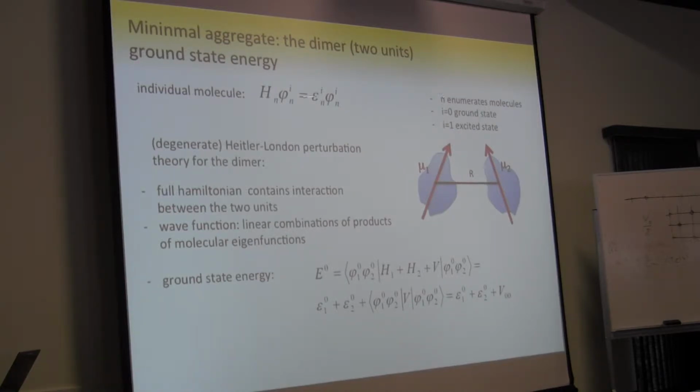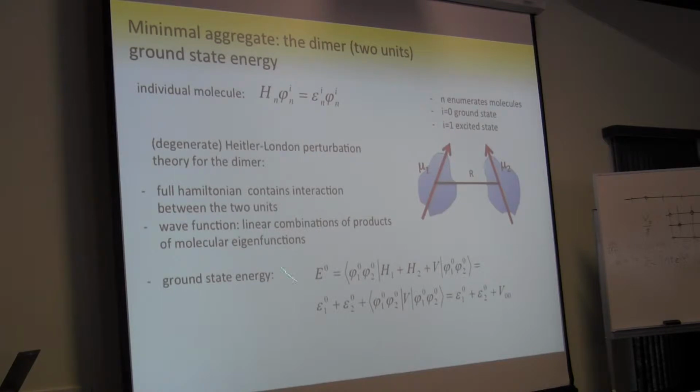And the index enumerates the molecules, molecule 1, molecule 2, and 0 is the ground state, the upper index, and 1 the excited state. And now we make the most primitive perturbation theory you can think of. Well, it's not totally primitive because it's degenerate if the molecules are identical, but other than that, it's really very simple. And the ground state energy is then simply given by the individual Hamiltonians plus, of course, the interaction energy I showed you.